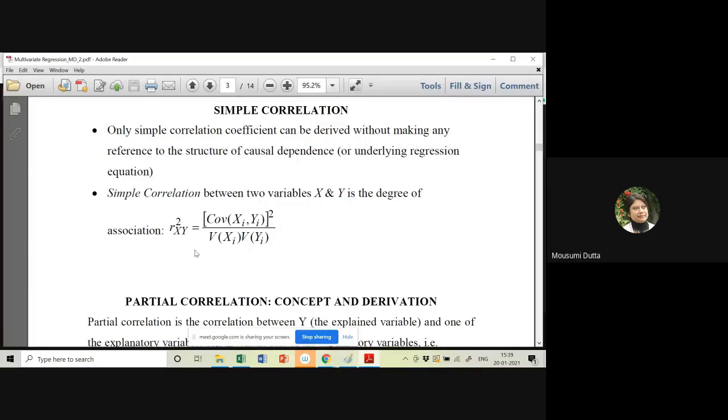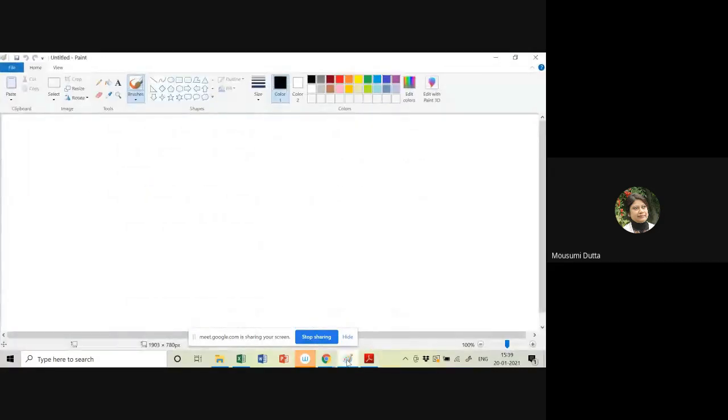Now, among all the simple correlations I am talking about, the most important is simple correlation between all explanatory variables. That is the simple correlation between x1, x2 up to xk. So let me write the thing.